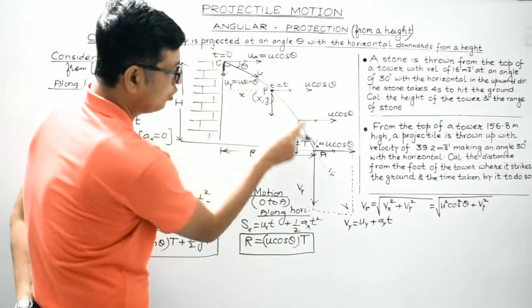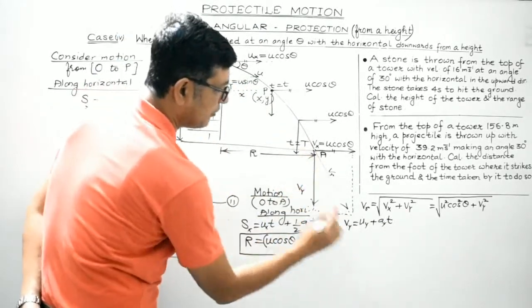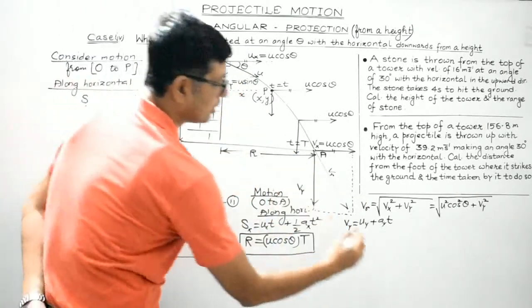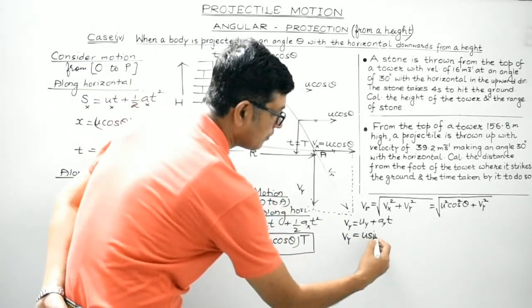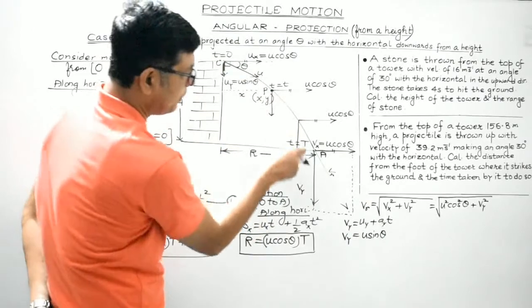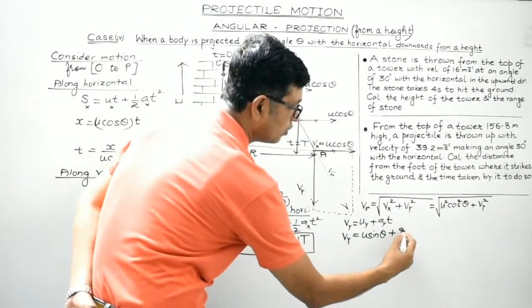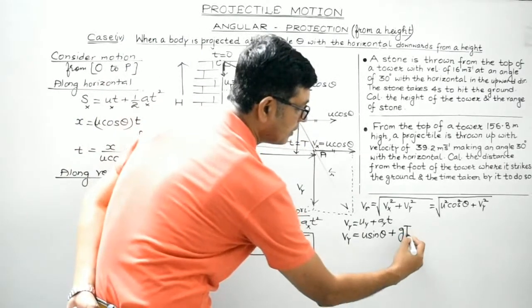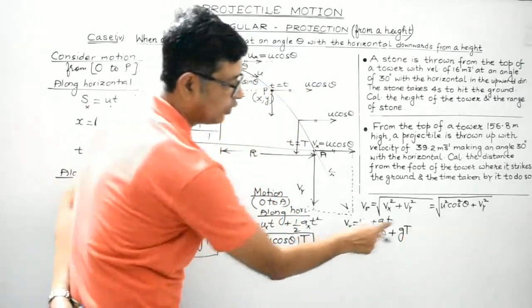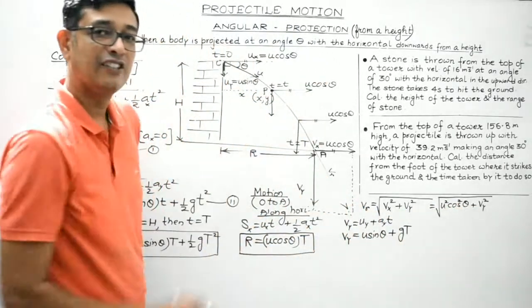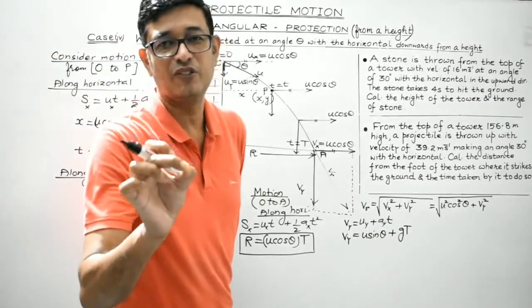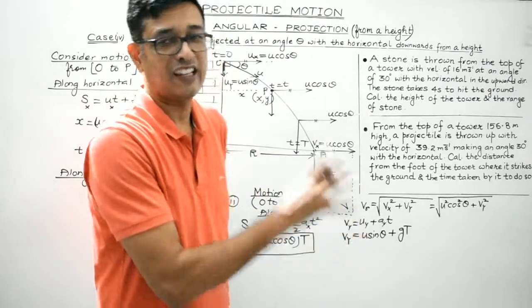So from O to A, at point A, the final vertical component velocity is Vy. What is Uy? It is u sin theta. Ay is plus g, the projectile is coming downward. Small t, from O to A, the total time elapsed is capital T. So substitute this value of Vy over here and you will get the magnitude of the resultant velocity with which the projectile strikes the ground.